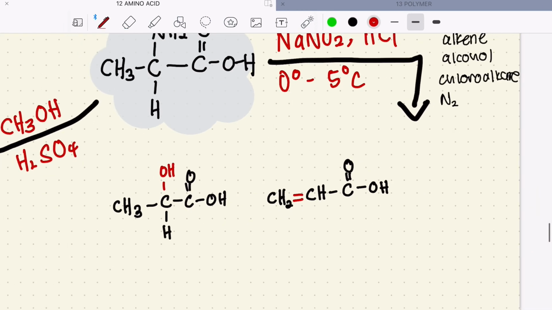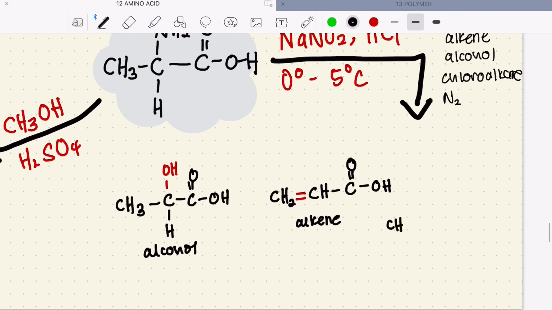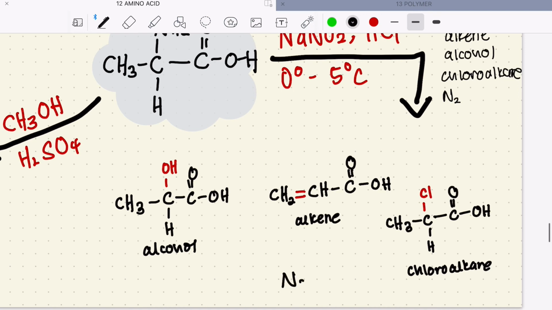So this is our alkene. This is our alcohol. Then we have another one, CH3, CH, C double bond O, OH, and this one is Cl. So this is the chloroalkane. And the last one is N2 gas.